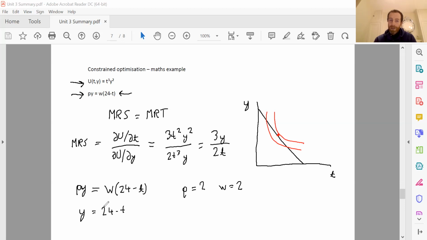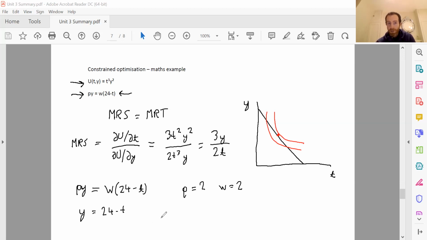And now what I want is to use this to get the marginal rate of transformation. The marginal rate of transformation is the slope of this line, right? To get the slope, I could look at the coefficient in front of the t, the x-axis quantity.